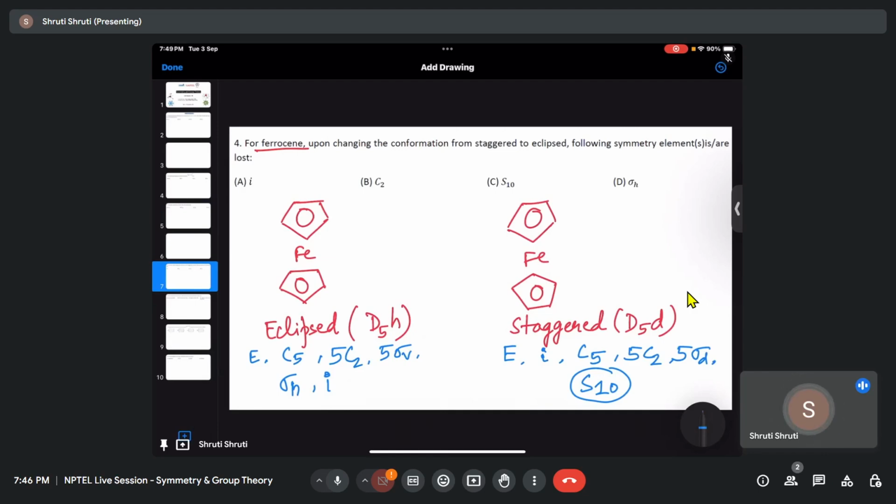Because C5 means 360 by 5. But for S, we have to rotate it in between, so this bond comes here. From here to here we have to rotate, so this will be 360 by 10, okay, so 36 degrees.